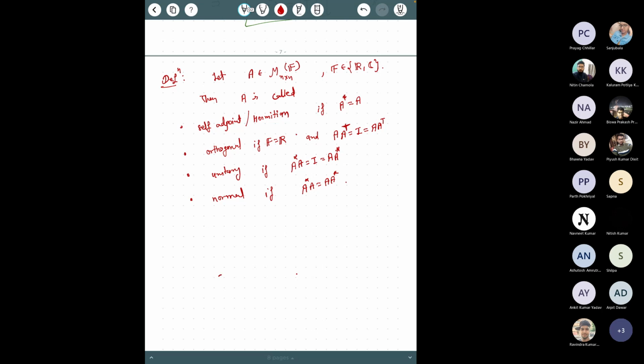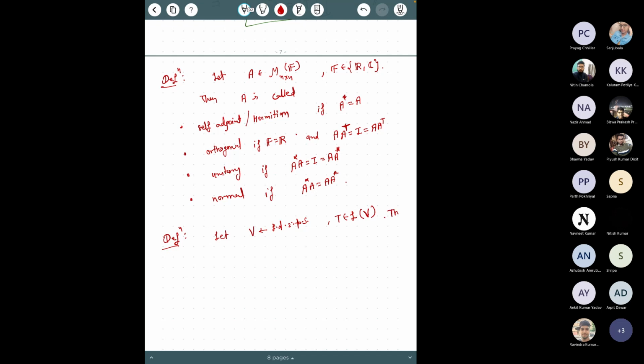So the similar thing I'll define for operators also, but for that I need a finite dimensional inner product space. Then only I can talk about its star if T is a linear operator. If T is a linear operator on these, then I know that the star will exist, that means its adjoint will always exist.